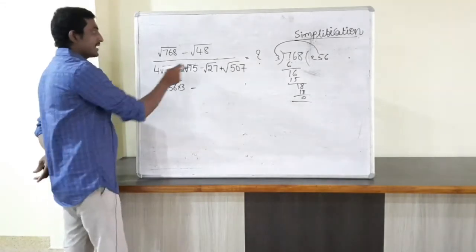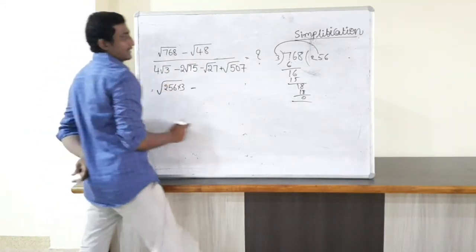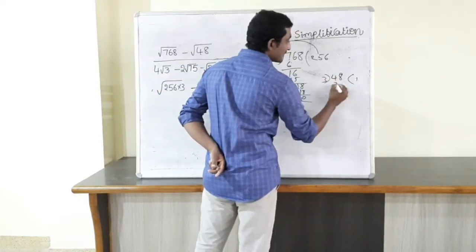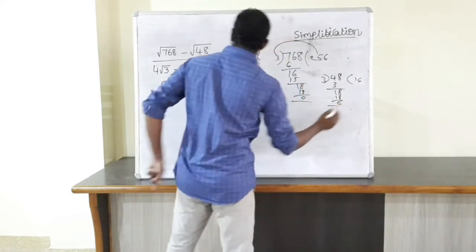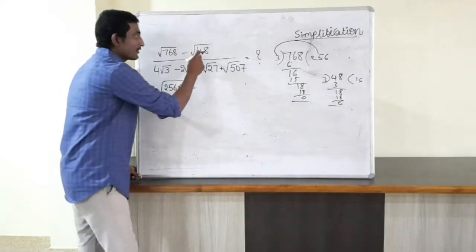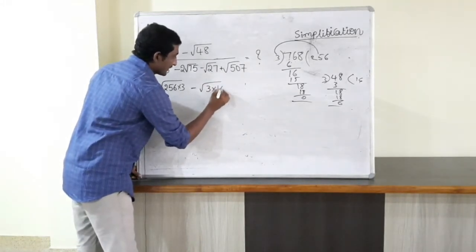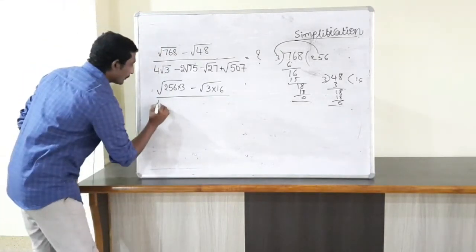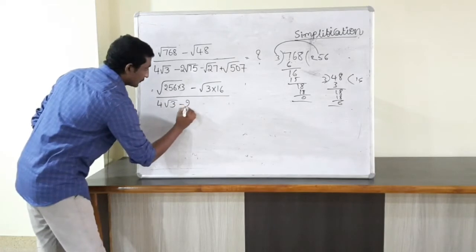Minus, same, 48 is divided by 3. 3 1s are 3, 3 6s are 18. So, we can write square root of 48 as 3 into 16, divided by, write the 4 root 3 as it is, minus 2.